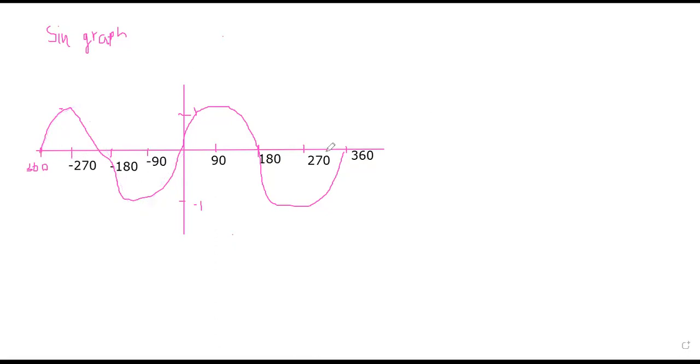And in sine, in the questions, it can be like this: pi divided by 2. This is pi. This is 3 pi divided by 2, and this is 2 pi.